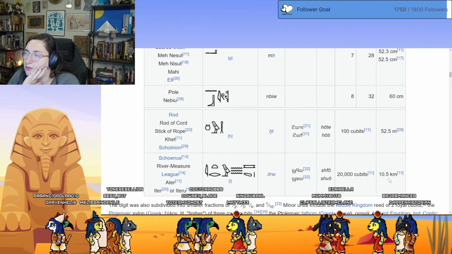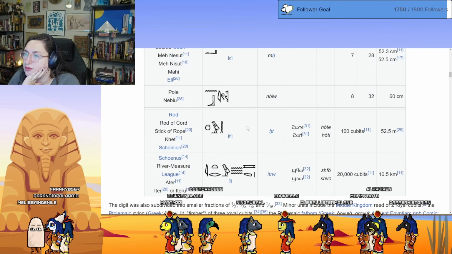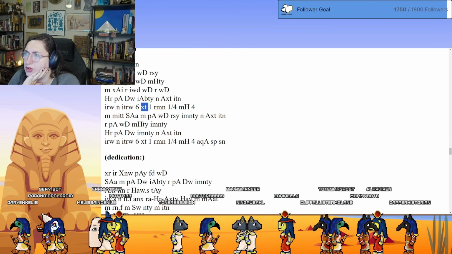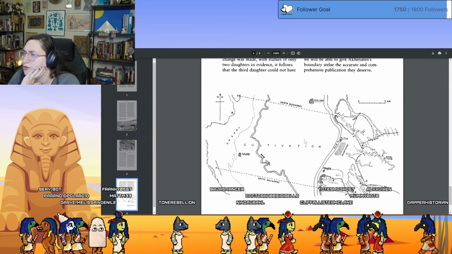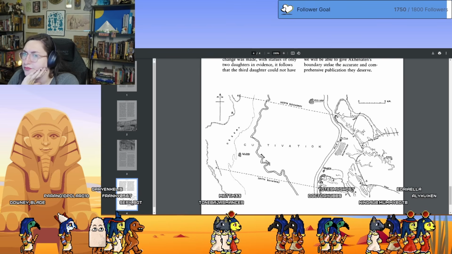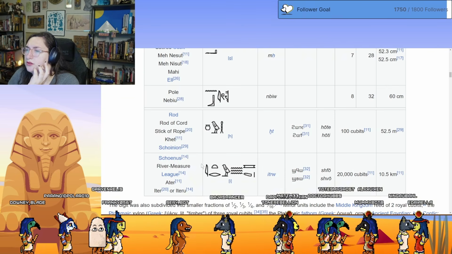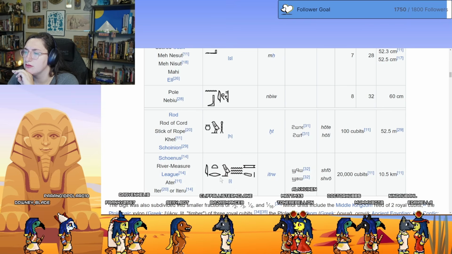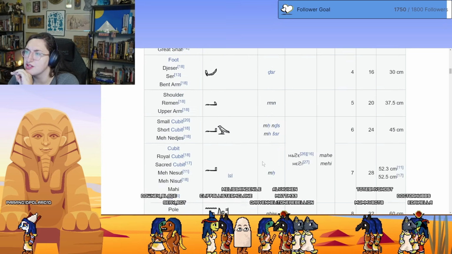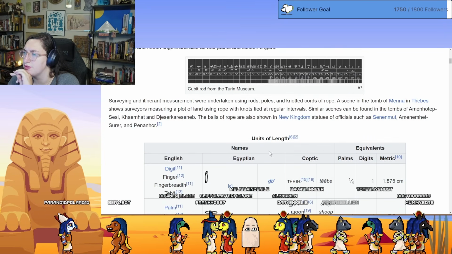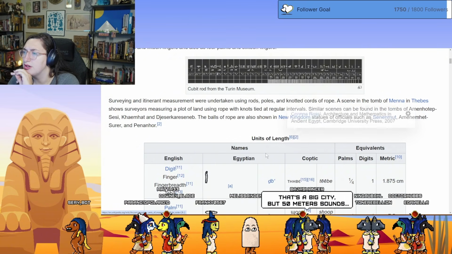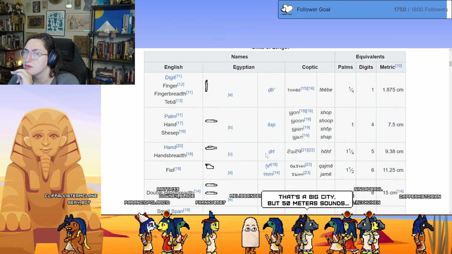So about 10.5 kilometers. It's pretty far. It might be slightly wrong. But it definitely seems to be close. Though it's called a het, but that's Middle Egyptian, so I don't know in what language this is.